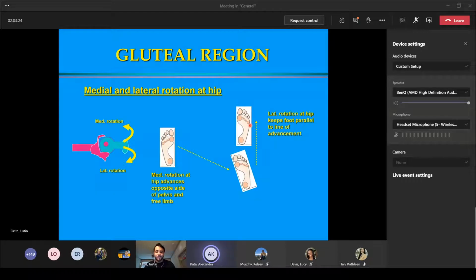Quick question before we move on. Is the semitendinosus more medial than the semimembranosus? It depends on where exactly you're talking about.